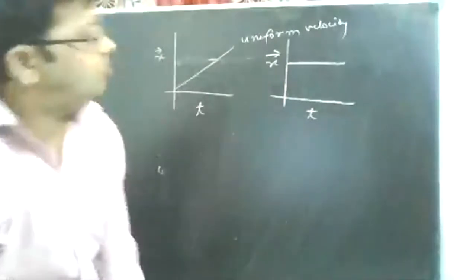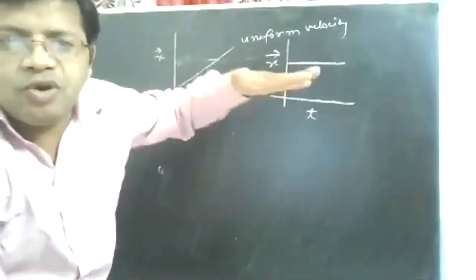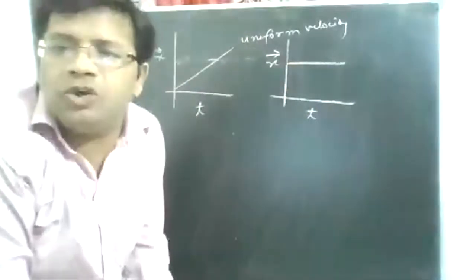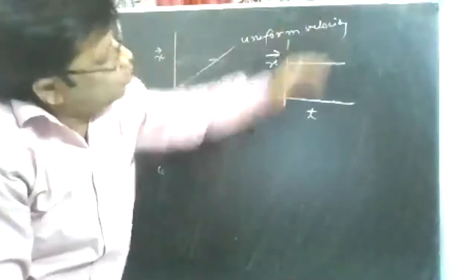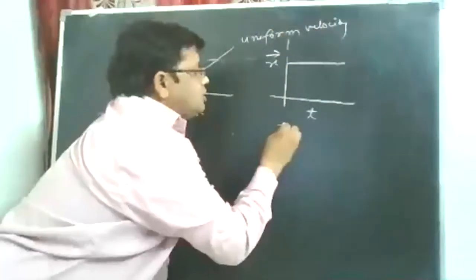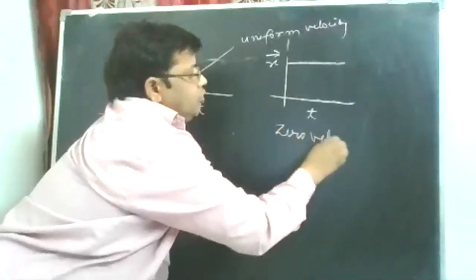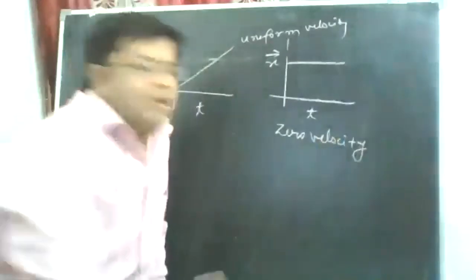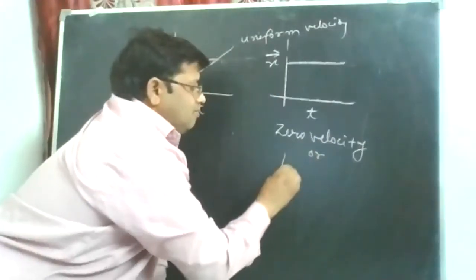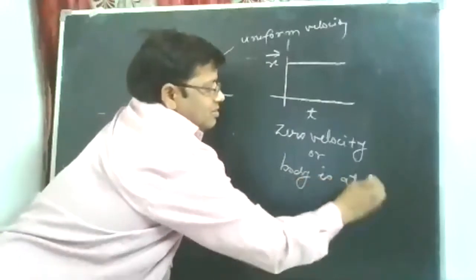What is the slope? Beta, plane surface. For a plane surface, slope is 0. With the x-axis, the angle is 0, so slope is 0. So this is the graph of zero velocity, or we can say that the body is at rest.